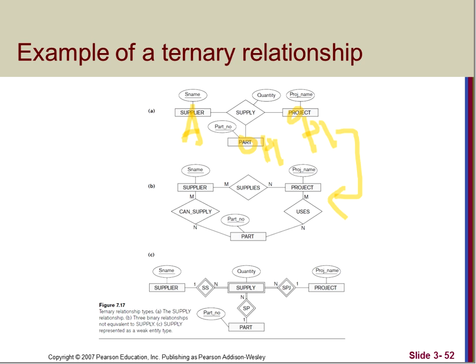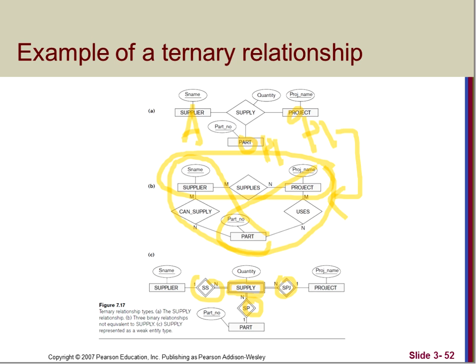So in terms of the computer system, at that time we can use 3 binary relationships, like this one, and this one, and this one. Or sometimes we can add a supply entity and create 3 binary relationships like this.